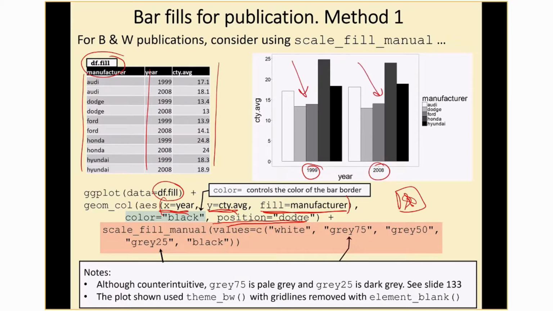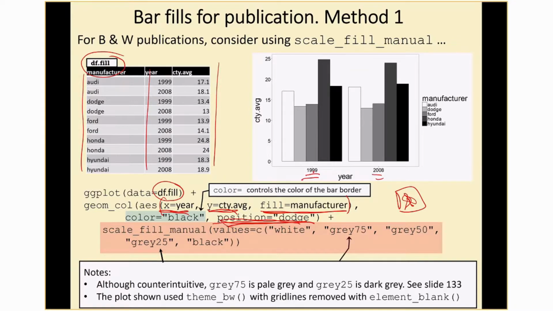So in this particular case, for 1999, for that 1 year, I've got 5 different values. Similarly, for 2008, I got 5 different values because I've got multiple values associated with both of these years. I'm going to have position equals Dodge there to override the default so that these 5 columns aren't stacked on top of each other. So I'm going to need position equals Dodge.